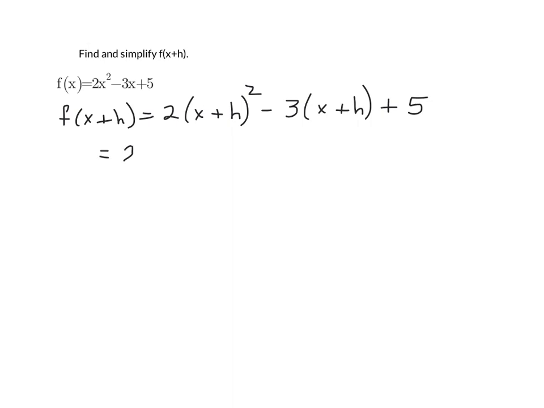Following the order of operations, the first thing we would need to do is square the x plus h here. We need to square this. So the square of x plus h means we are essentially multiplying, using the FOIL process, x plus h times x plus h.